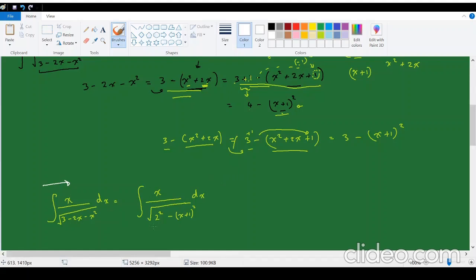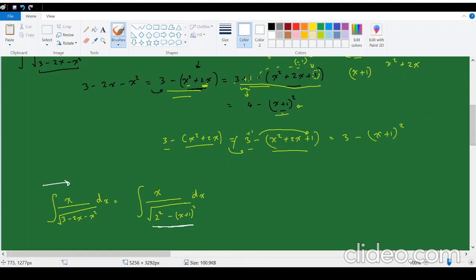The reason for changing the format is that now we have this term, and so how should we use the inverse substitutions to calculate this integral? Here we should use another trick, right?